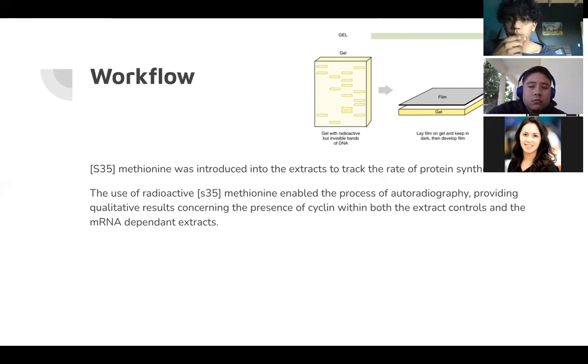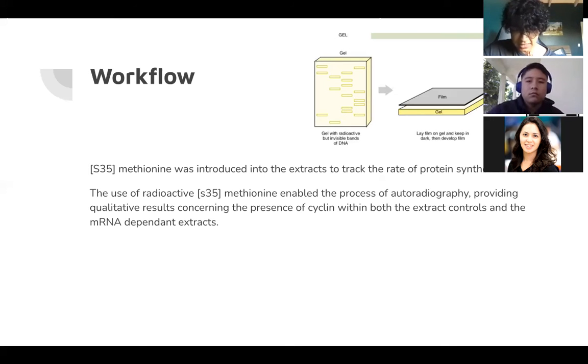arrest the extracts at each process of the cell cycle through that electrically activated in vitro extract culture. And then we take the proteins out and we lay them on a radioactive polysaccharide gel.